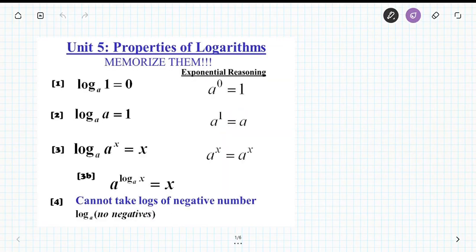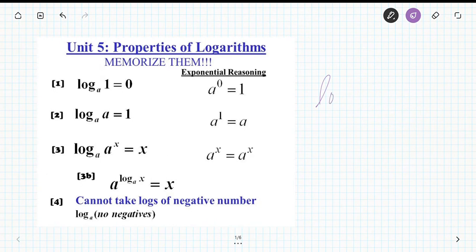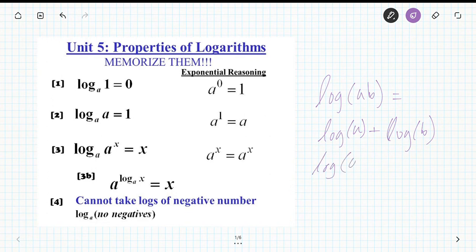Now, in the previous video, I spoke about log properties that basically turn, for example, the product of two things. So if I say the log of AB, that can also be expressed as a sum. So log of A plus the log of B. Okay, and similarly, if you have the log of A over B, you can express this as a difference.